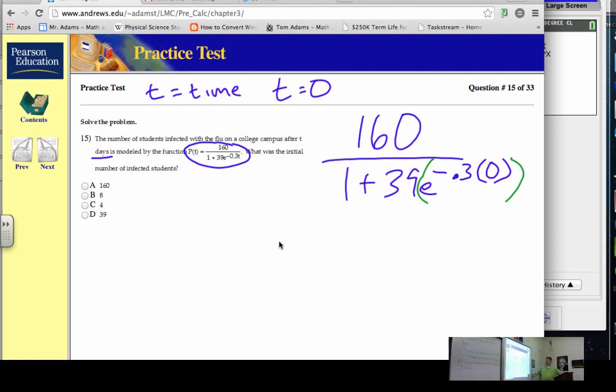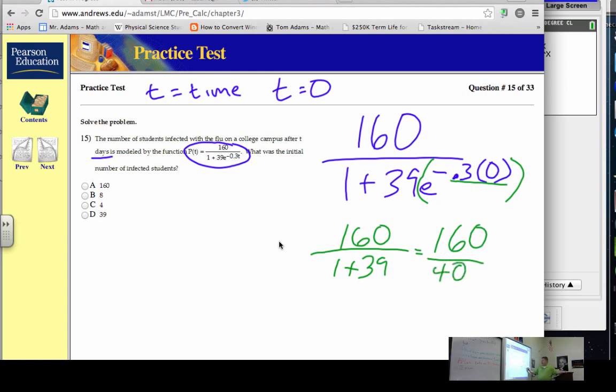What does that end up becoming up here in the top? 1. Yeah, everything in green becomes 1, right? Because technically it's like e to the 0. Anything raised to the 0 power is 1. So I've got 160 over 1 plus 39, which is 160 over 40, which reduces to what? 4.